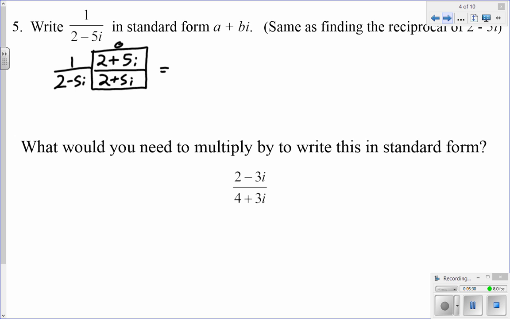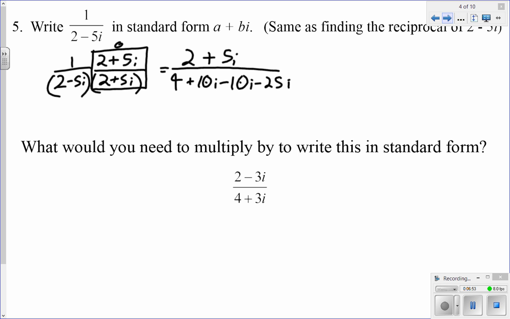1 times the numerator is just going to say 2 plus 5i. Denominator, double distribute. 2 times 2 is 4, plus 10i minus 10i, and then minus 25i squared.